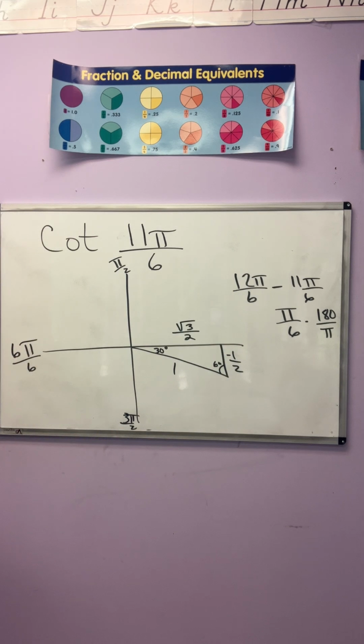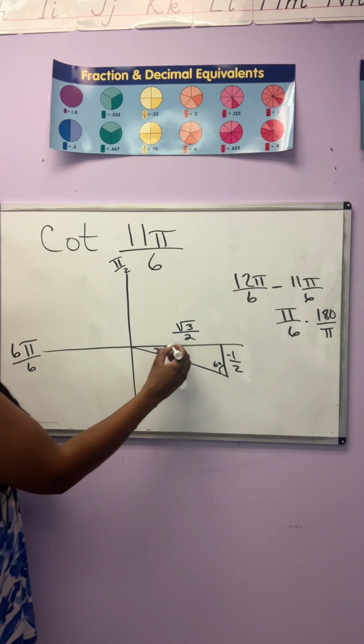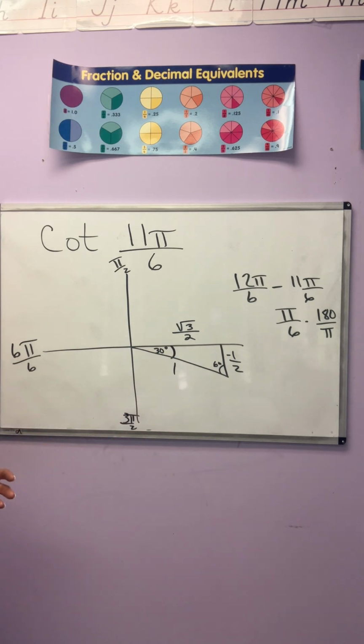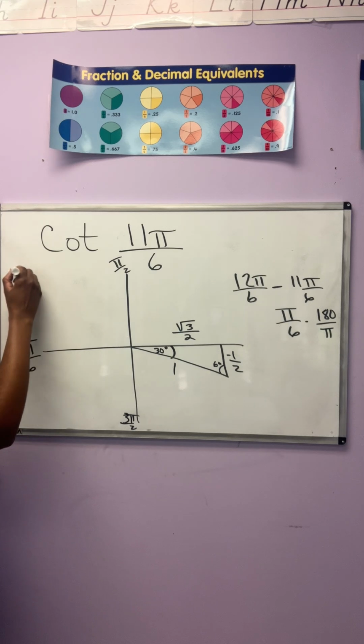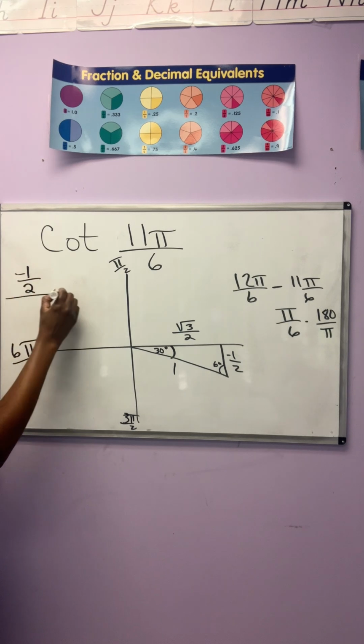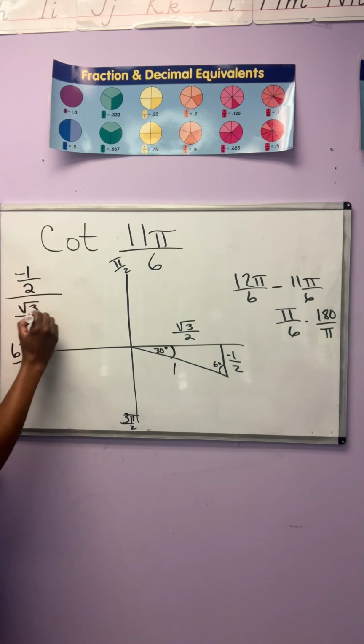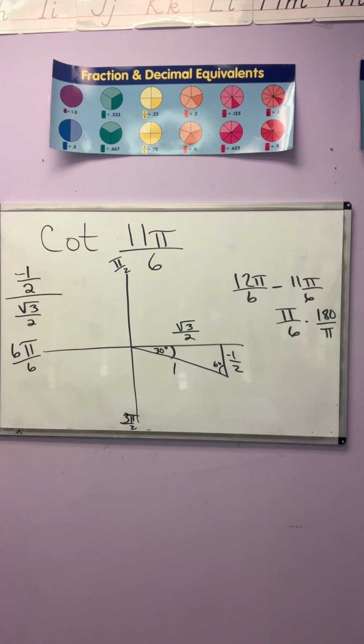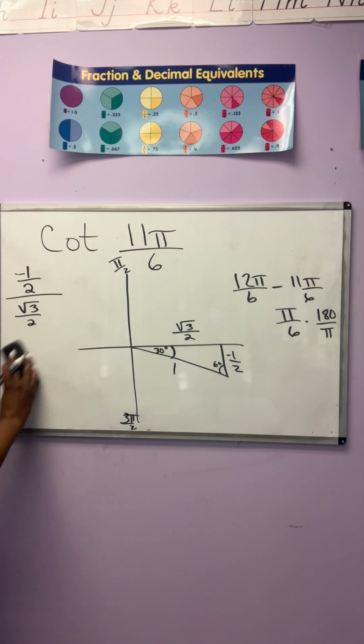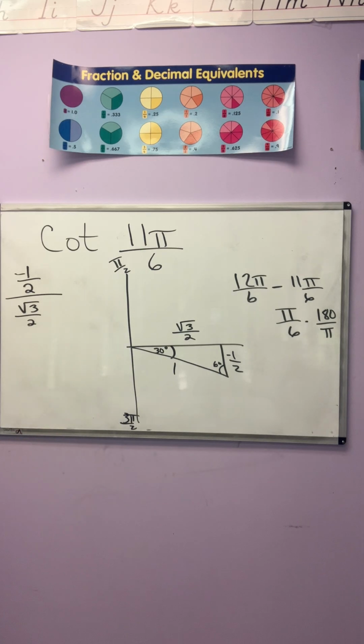All right, now tangent is opposite over adjacent. So this is our 30-degree angle. But we're doing cotangent, which is the reciprocal. So it is adjacent over opposite. So negative 1/2 divided by radical 3 over 2. So we can keep, change, flip to solve for this.